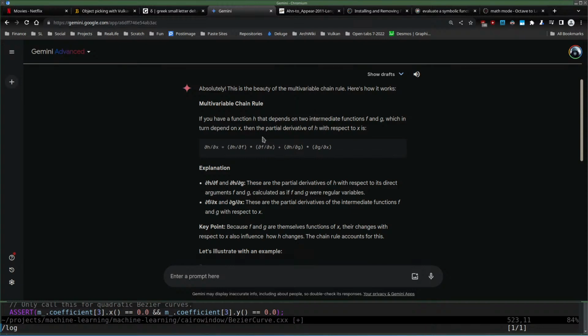We have a function h that depends on two intermediate functions f and g, which in turn depend on x. That's exactly what I just described. Then the partial derivative of h with respect to x is just the sum, which is what I said before. Oh, I just wasn't sure.